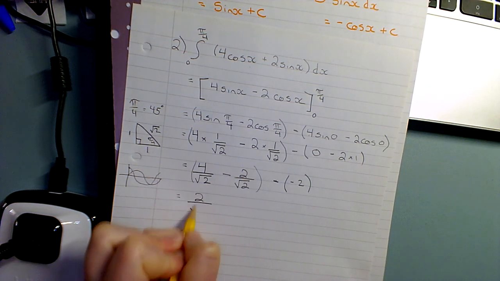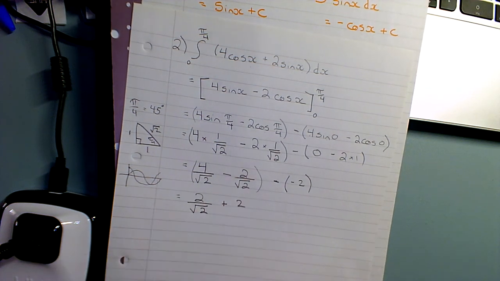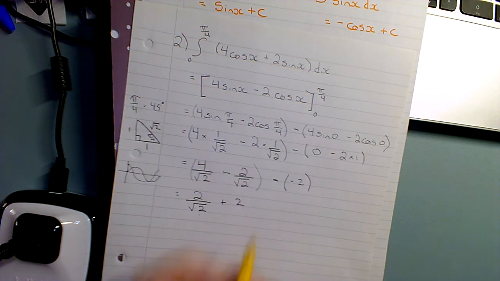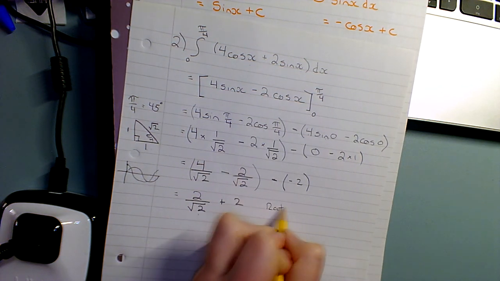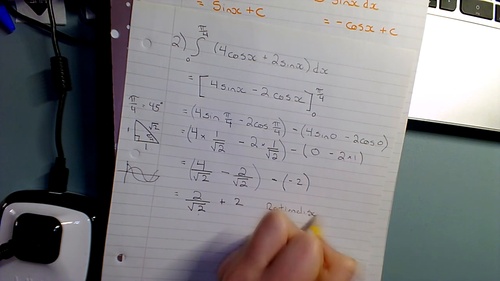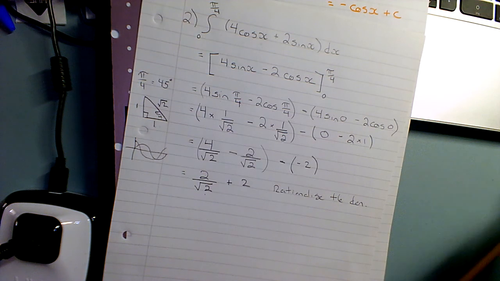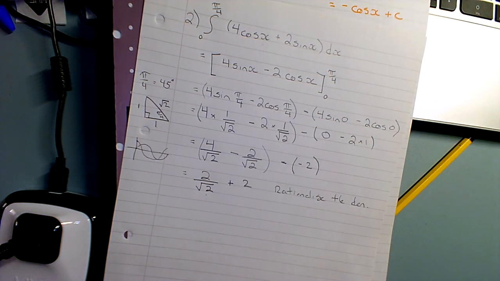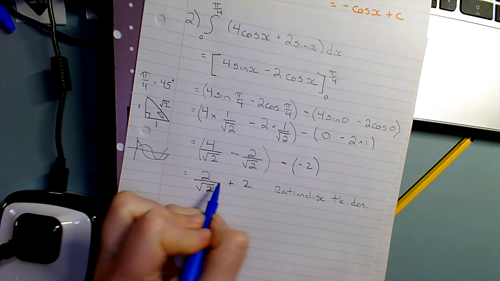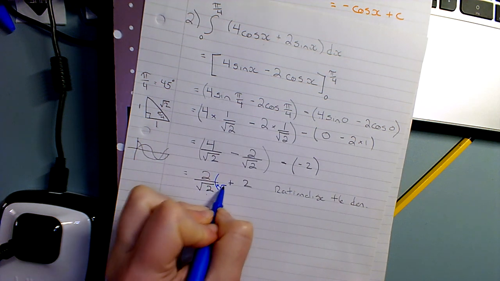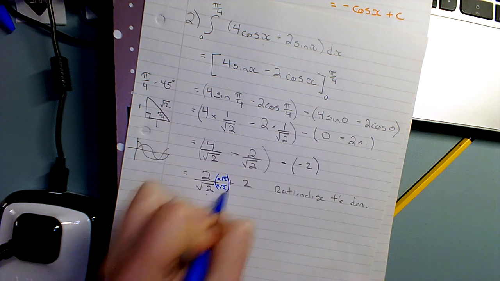All right, so now simplify it a little bit further. Add these fractions, 2 over the root of 2 plus 2. What I want to do here is rationalize my denominator. I do not like a denominator with a root. I also want to add these together, so I'm going to rationalize the denominator. So when I'm doing that, I am multiplying this fraction by the root of 2 on the numerator and the denominator.